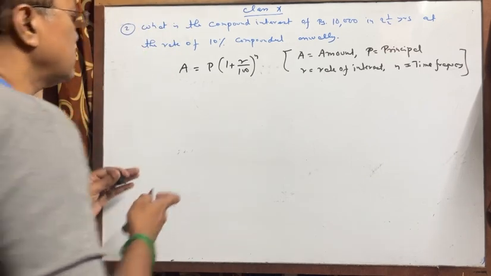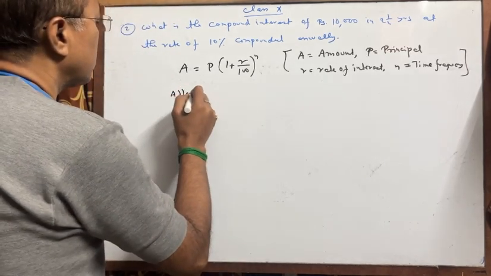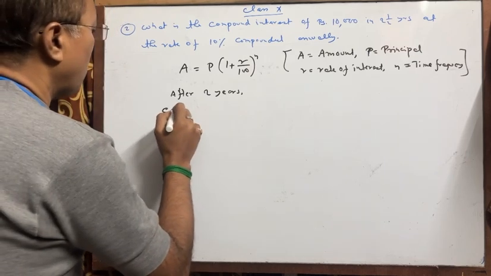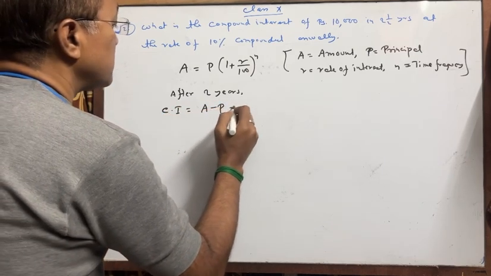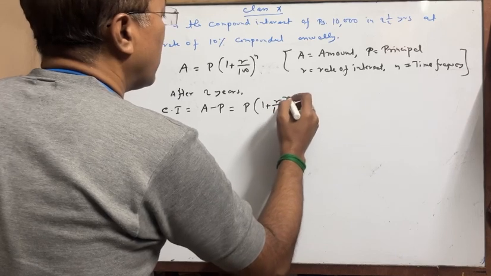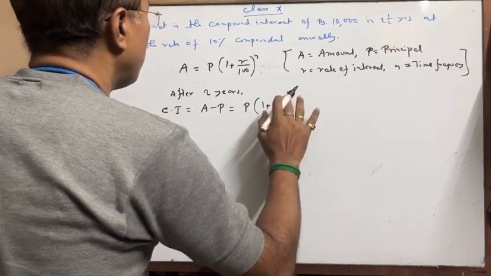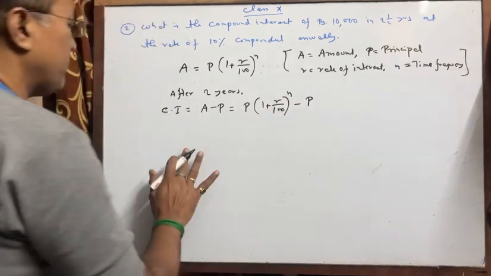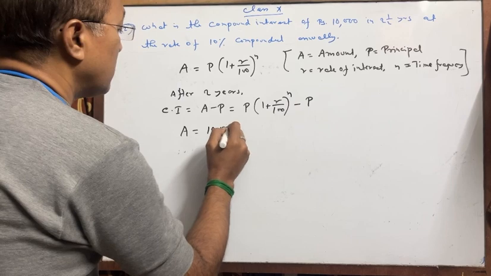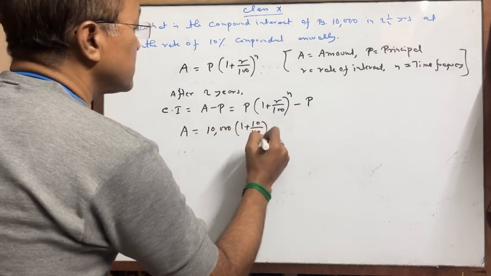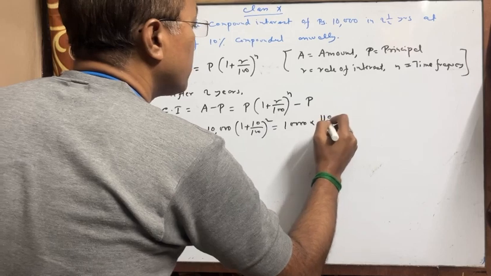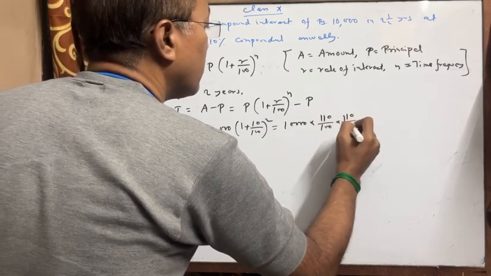So after 2 years, compound interest is equal to A minus P. So A means P into (1 plus R by 100) whole to the power n, minus P. Here, first we have to find out the A. P is 10,000 into (1 plus 10 by 100) squared, that is 10,000 into 110 by 100 squared.